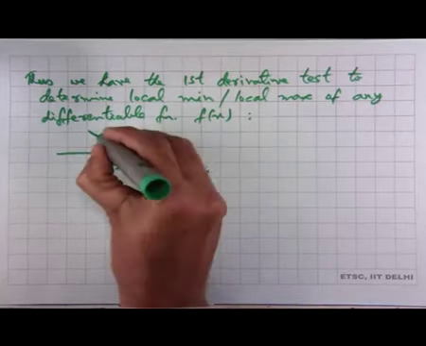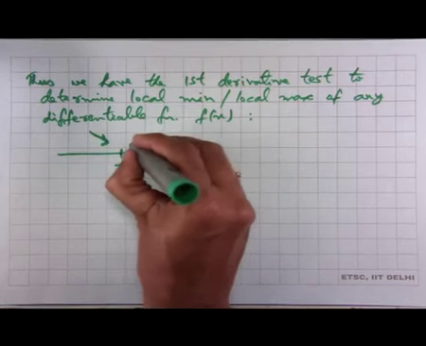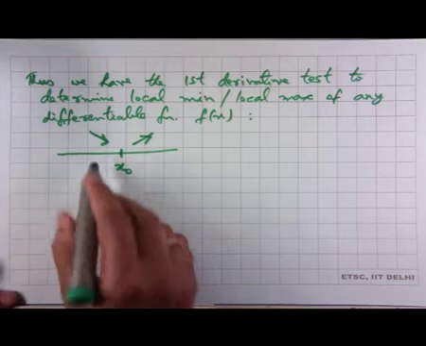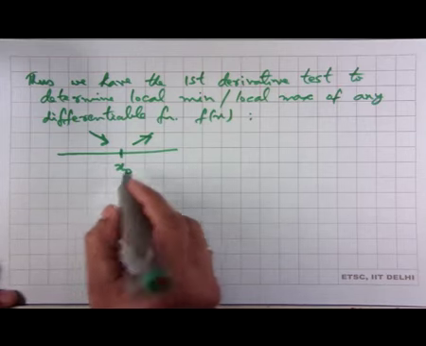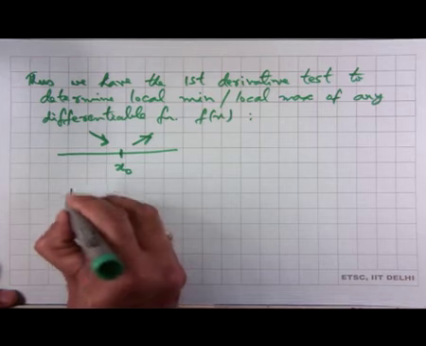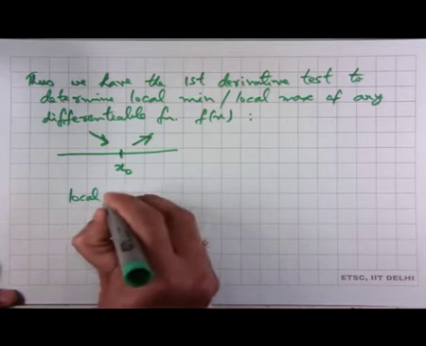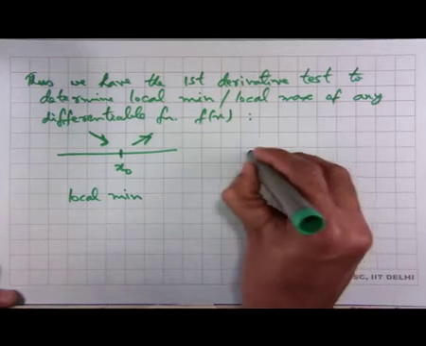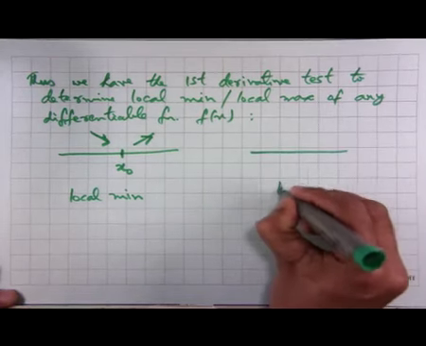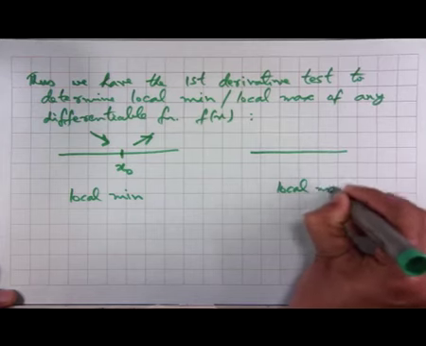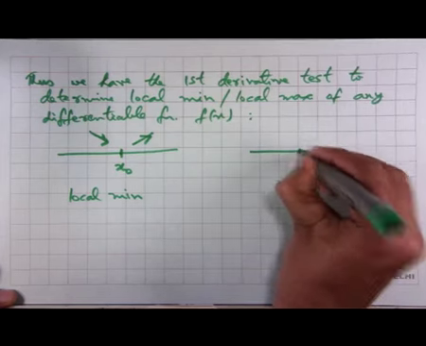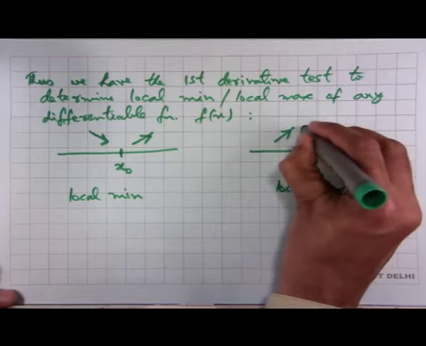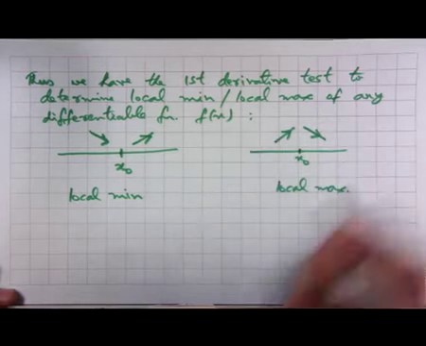So, this we denote like this: decreasing here and increasing to the right of x naught, then this is a local min, and for local max we must have the function increasing to the left and decreasing to the right.